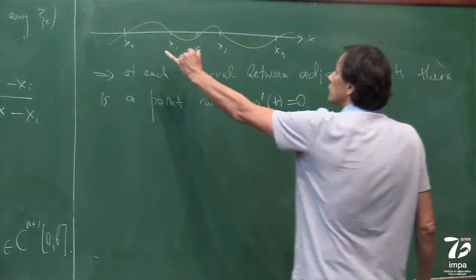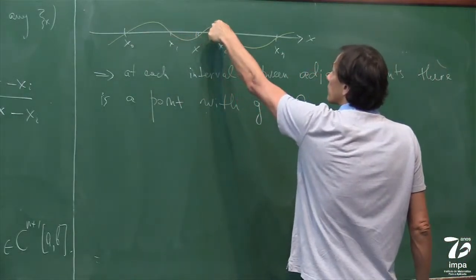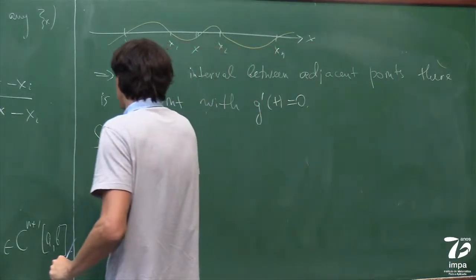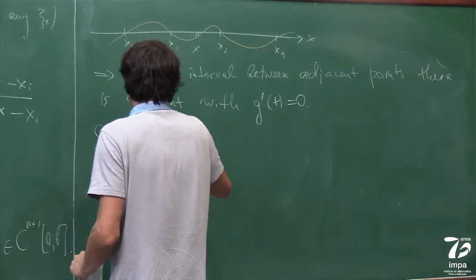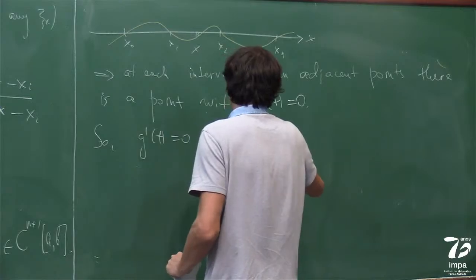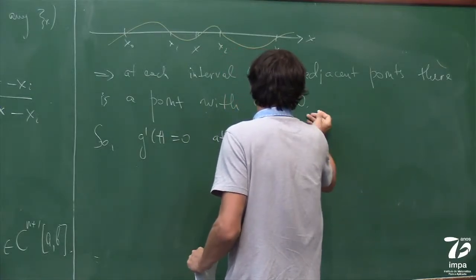So between each two points, there is some point where derivative equals 0, which means that we have derivative equal to 0 at n plus 1 different points, so distinct points.